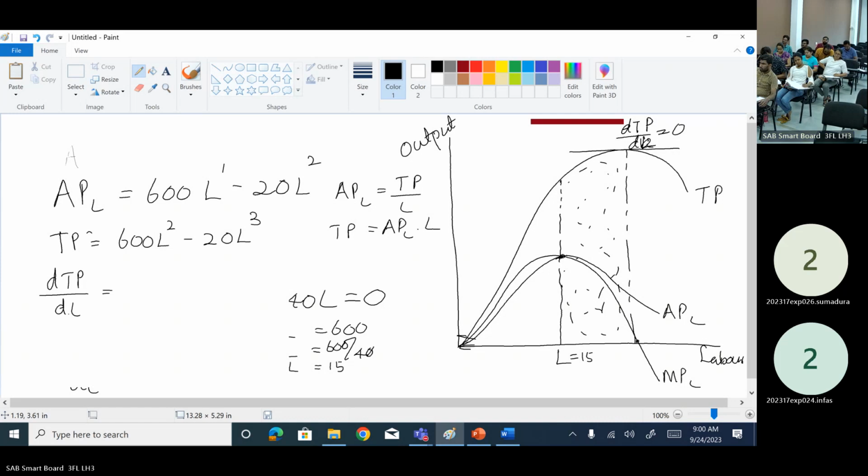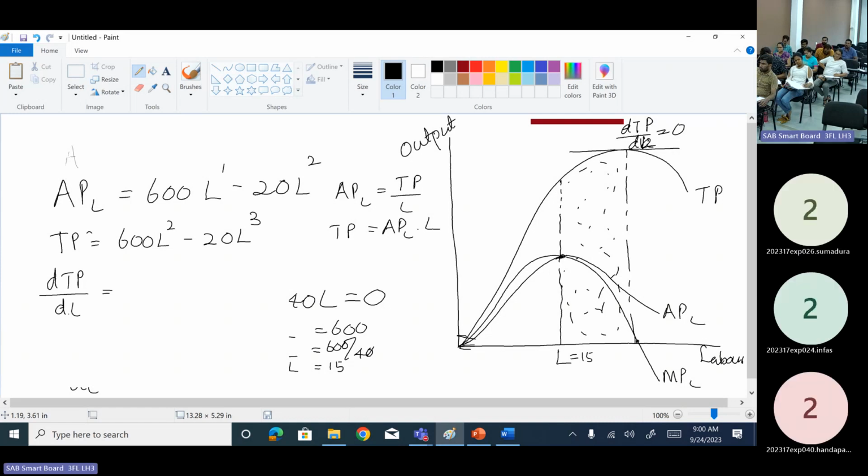So how much? 2 into 600 means 1200, 2 minus 1 means L, right? Then minus 3 into 20, 3 minus 1 means L square, right? This is the first order differentiation, the slope of this curve at this point.